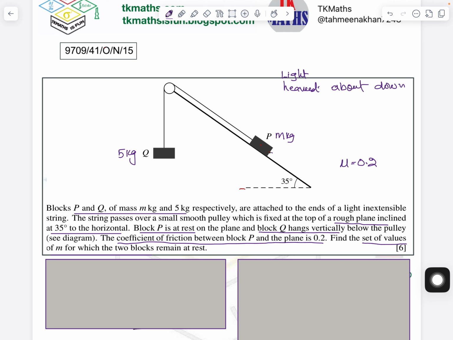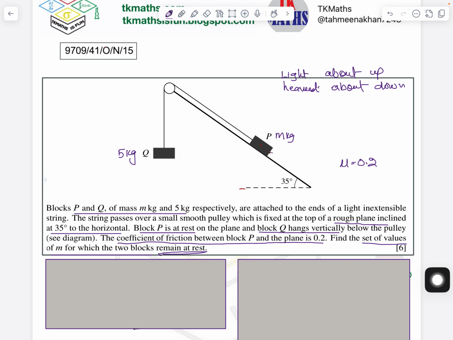And when it is very light, it is about to move up. Why am I using the word about? Because it will remain at rest. This is the requirement of the question. So these are the two extreme ends of the weight, and this is what we have to find out. Between these weights, if the mass of P is in this range, it will not move. This is the meaning of the question.